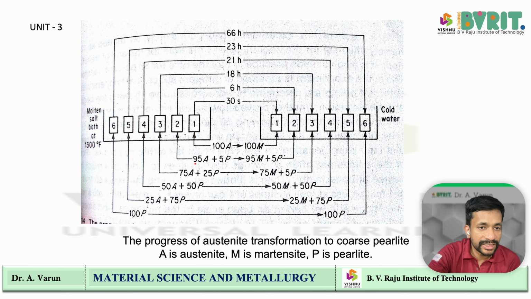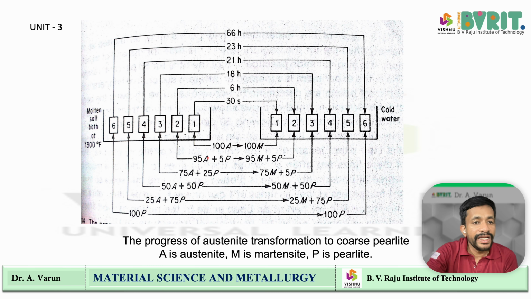Only 95% is austenite. So when this is brought to cold water, the 95% of austenite which is still remaining will convert into martensite, and the 5% pearlite, which is already formed, will remain 5% pearlite.